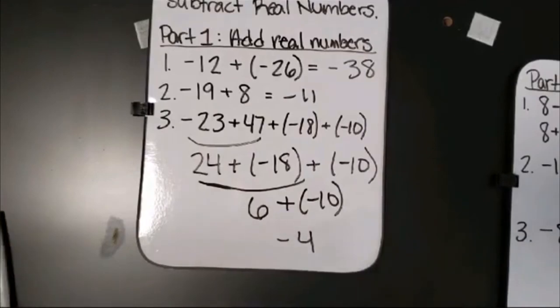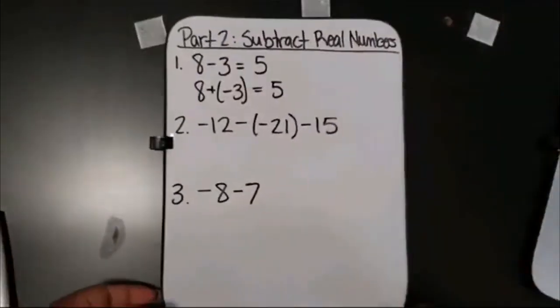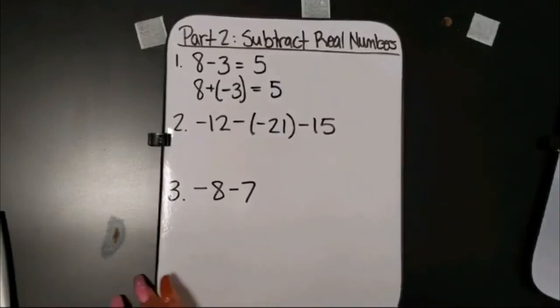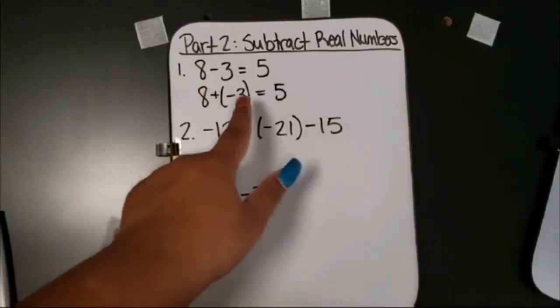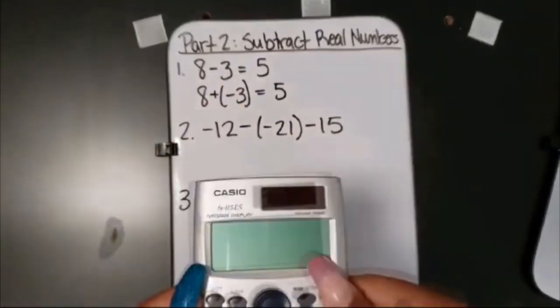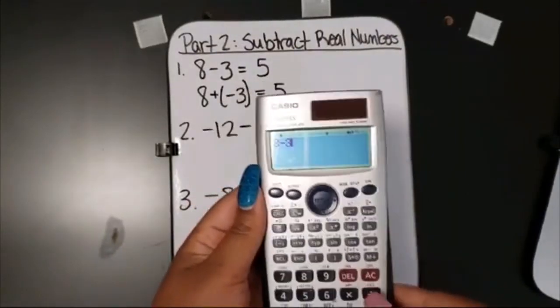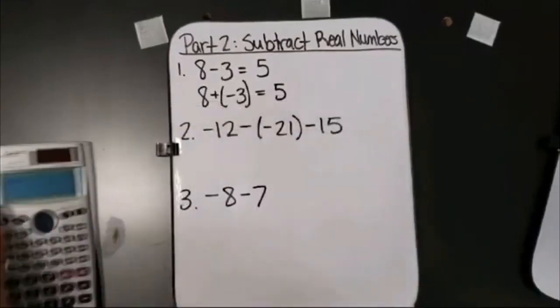Now let's look at subtraction. And what you will find out is that addition and subtraction are really similar. So let's look at this first one. We have 8 minus 3, which if we do that in our head or put it in our calculator, we'll get positive 5, okay?